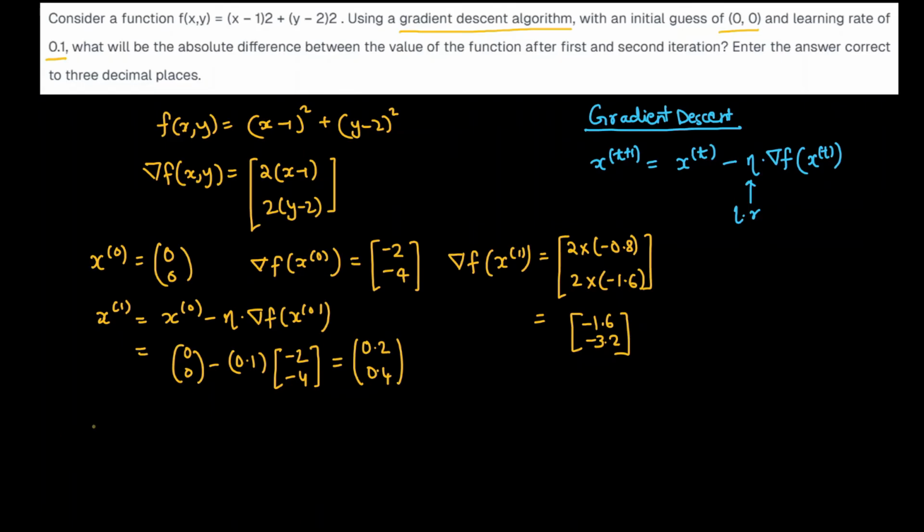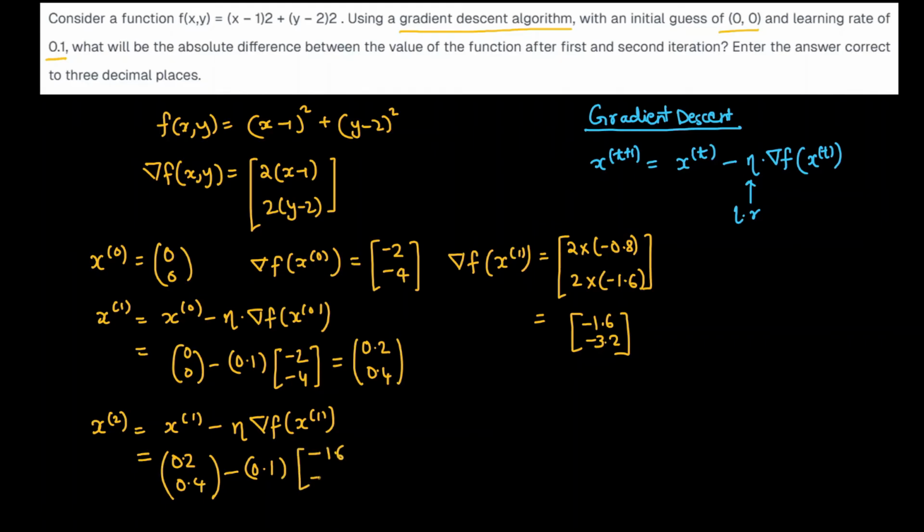So x2 is nothing but x1 minus eta times the gradient of f evaluated at x1. This is nothing but (0.2, 0.4) minus 0.1 times (minus 1.6, minus 3.2).